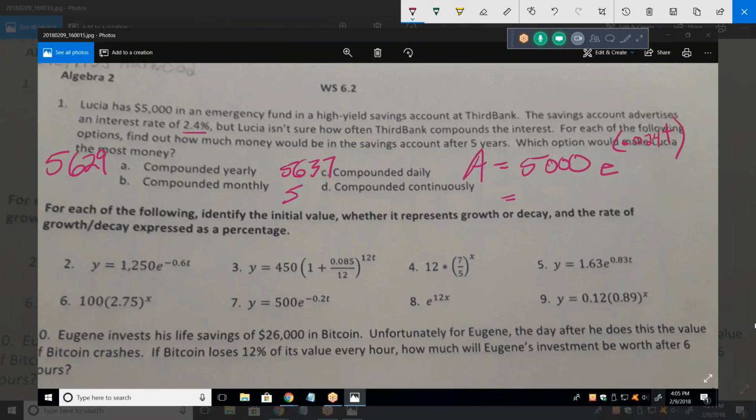Oh, here. e to the 0.12. And then multiply that by 5,000. The same answer as the previous one, except if you put it into dollars, it's 2 cents more.